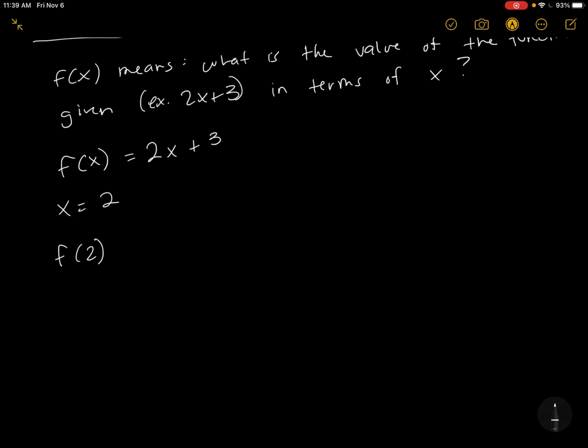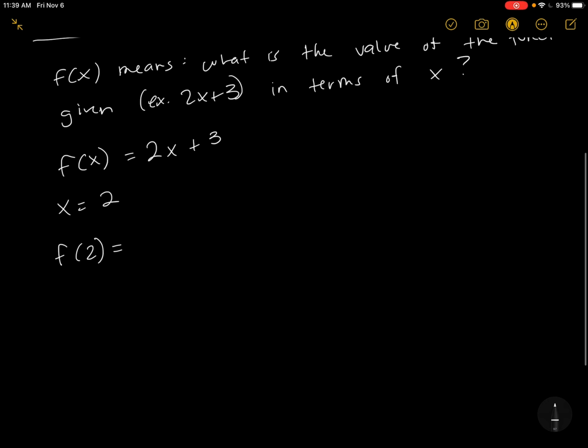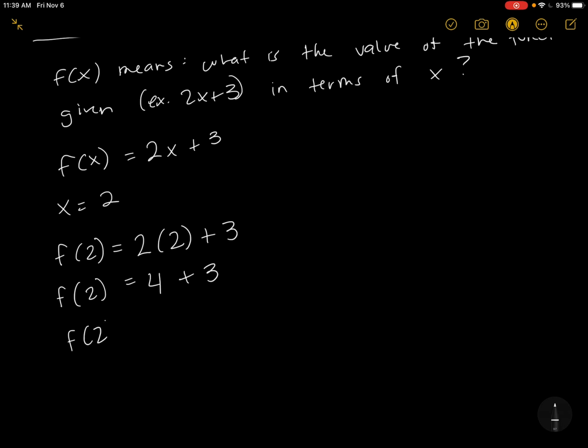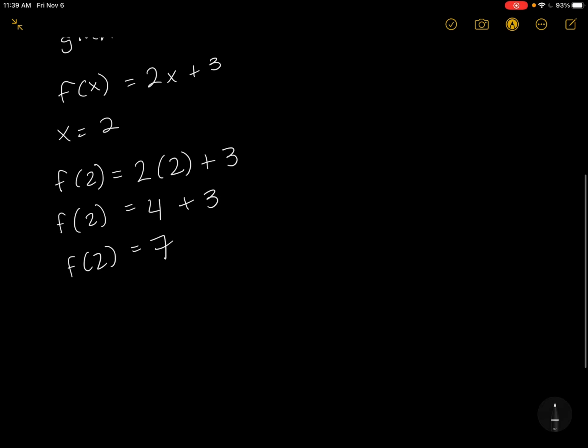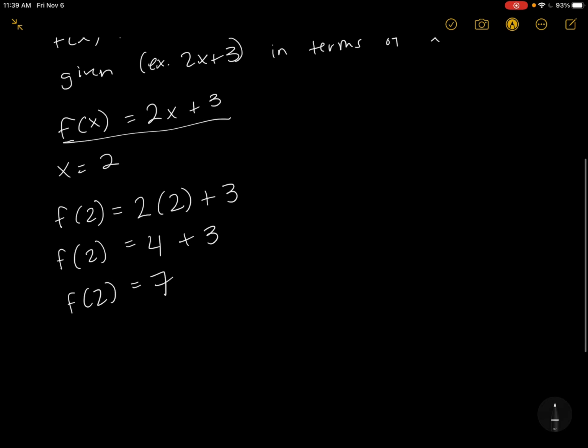Then I'm going to say, what is f of 2? F of 2 is 2 times 2 plus 3. All I'm doing is substituting the 2 into x. And the function when x is 2 is equal to, and then we just solve this side. It's 7. All right, so this is our function. I was given a value for x, I plugged it in, and so therefore the value of the function when x equals 2 is 7.